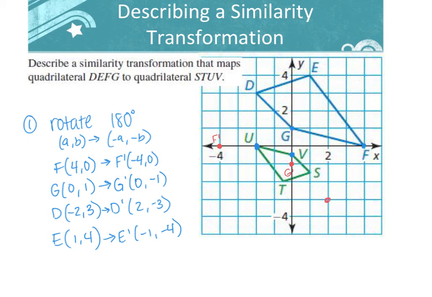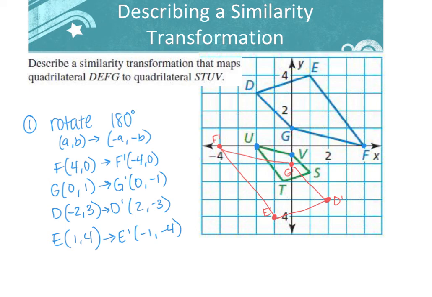That's going to be right here. And then E prime is at (-1, -4), so right here, E prime. If we connect these, we should have the exact same image, just rotated. And that looks pretty darn good.